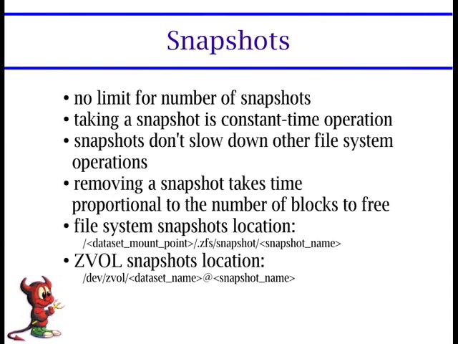So once you remove the snapshot, you just have to free all those blocks. And you can reach the snapshots using the .zfs directory under your mount point. You can also snapshot ZVOLs, as I said. So if you put your UFS on a ZVOL, you will have very cheap snapshots.